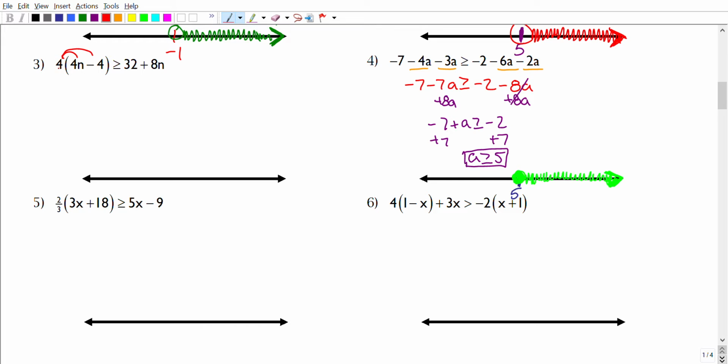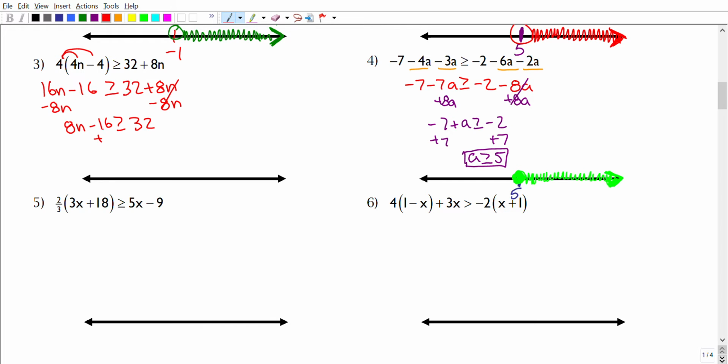So we got 4 times 4n, that's 16n. Minus 16 is greater than or equal to 32 plus 8n. We have variables on both sides, so let's move the smaller one. So I get what? 8n minus 16 is greater than or equal to 32.